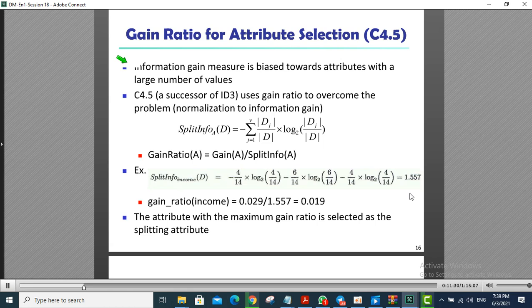It means that if my data set is skewed toward the right or toward the left, the information gain measure is not a good measure. It's affected by those large values.